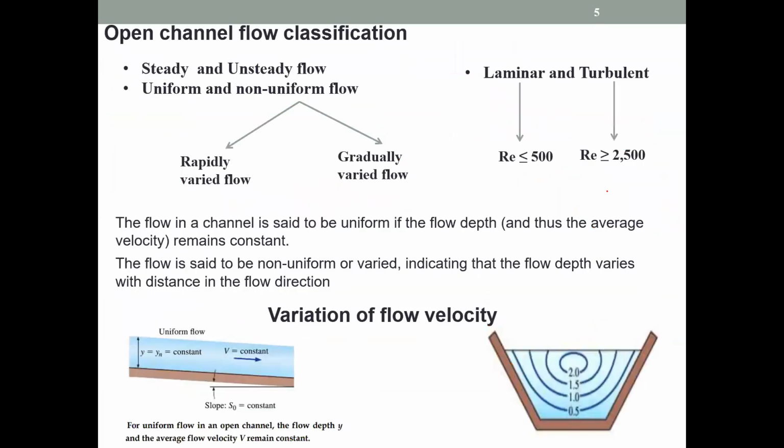Now the open channel flow, we will discuss in different categories. For example, the steady and the unsteady flow. Can someone tell me what is a steady flow? Anyone?